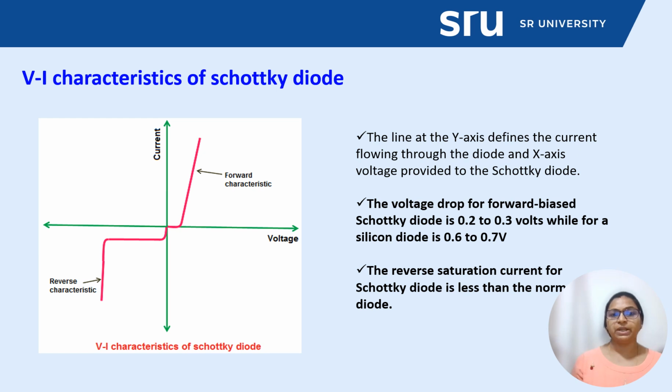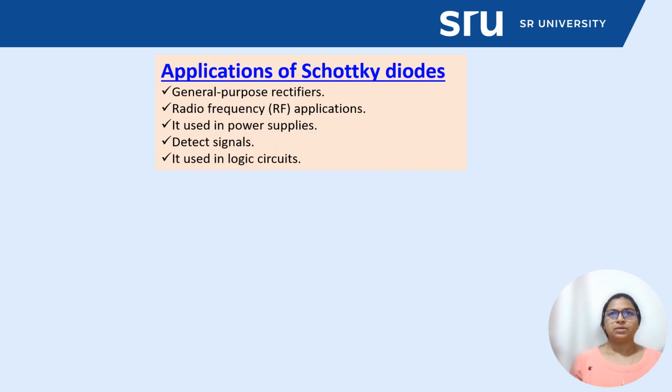Let us look at the applications. Another important feature of the Schottky diode is low forward voltage drop and low turn-on voltage. Basically, the turn-on voltage for the Schottky diode is very small as compared to the PN junction diode. The turn-on voltage of the Schottky diode we have seen is around 0.2 to 0.3 volt, whereas for the PN junction diode it is 0.6 to 0.7 volt. So applying a small voltage is enough to produce electric current in Schottky diodes.